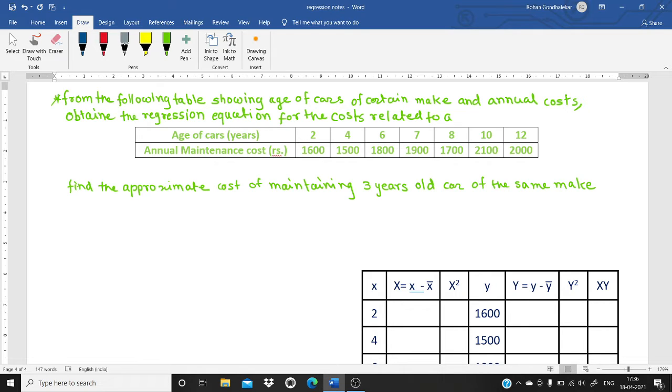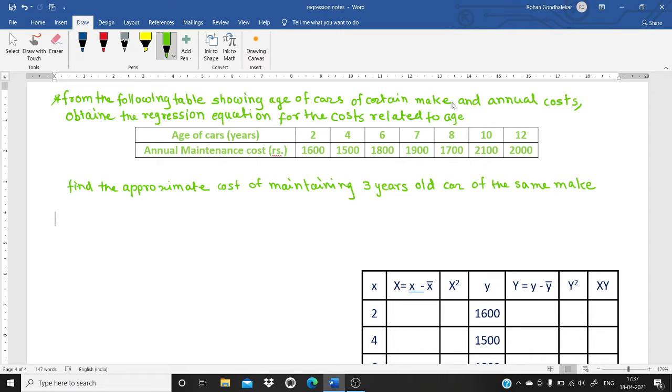Come to this example. From the following table showing the age of cars of a certain make and annual costs, obtain the regression equation for the cost related to age.